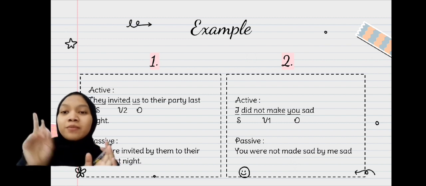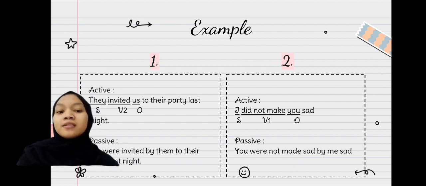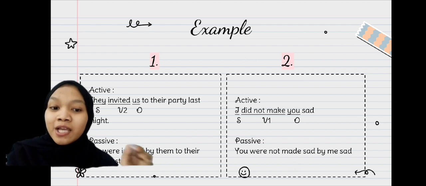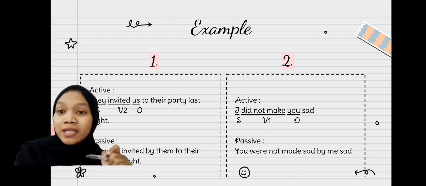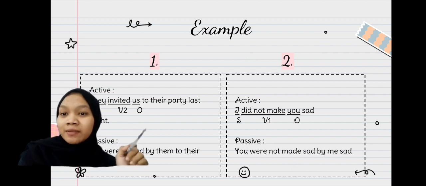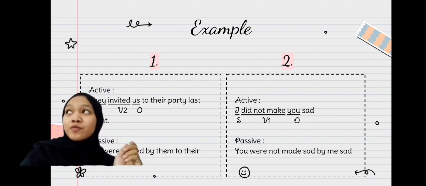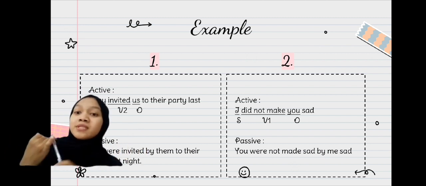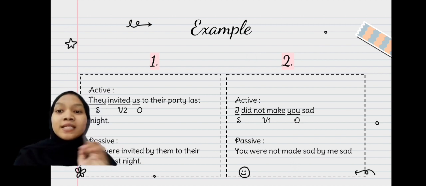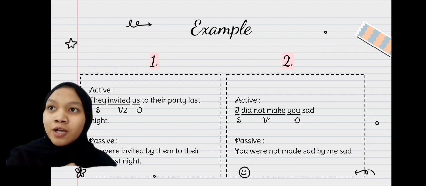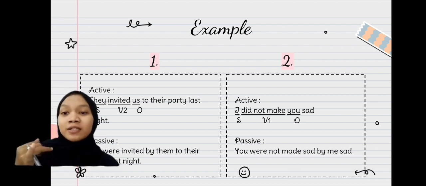Okay, example number 2. The sentence is I did not make you sad. Once again, I did not make you sad. From this sentence we have the subject, verb 1, and object.